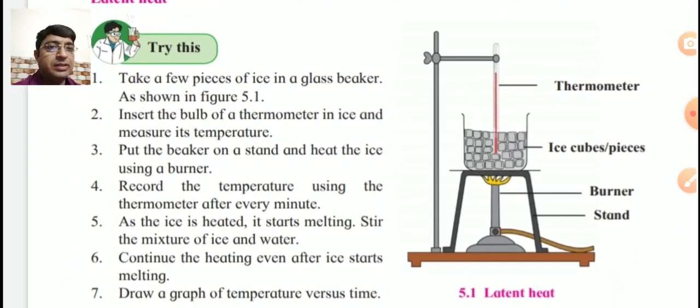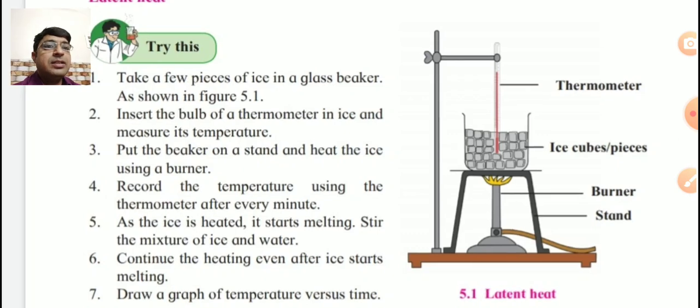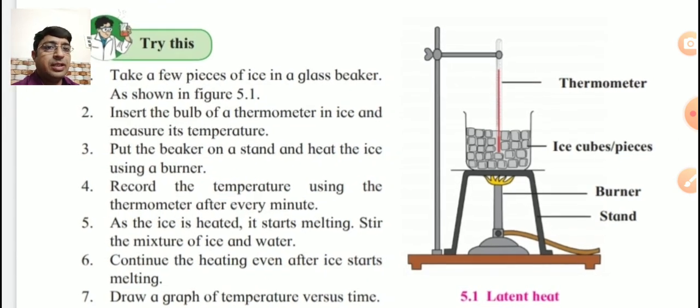A few points are given. Take a few pieces of ice in a glass beaker as shown in the figure. Insert the bulb of a thermometer in the ice and measure its temperature. Put the beaker on a stand and heat the ice using a burner. Record the temperature using the thermometer after every minute.